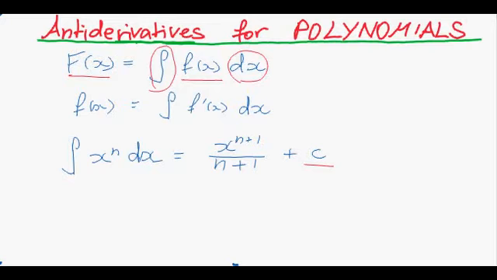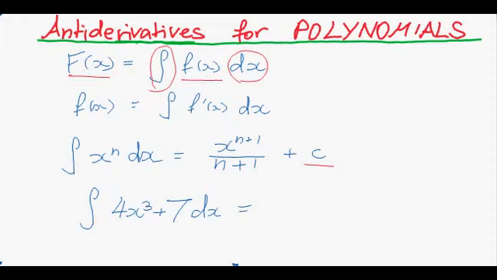Let's just run through a really, really fast example. So for instance, let's say you've been asked to find the integral, or the antiderivative, of 4x cubed plus 7. Okay, so what do you do? Well, you can split this up and you can do each term separately.